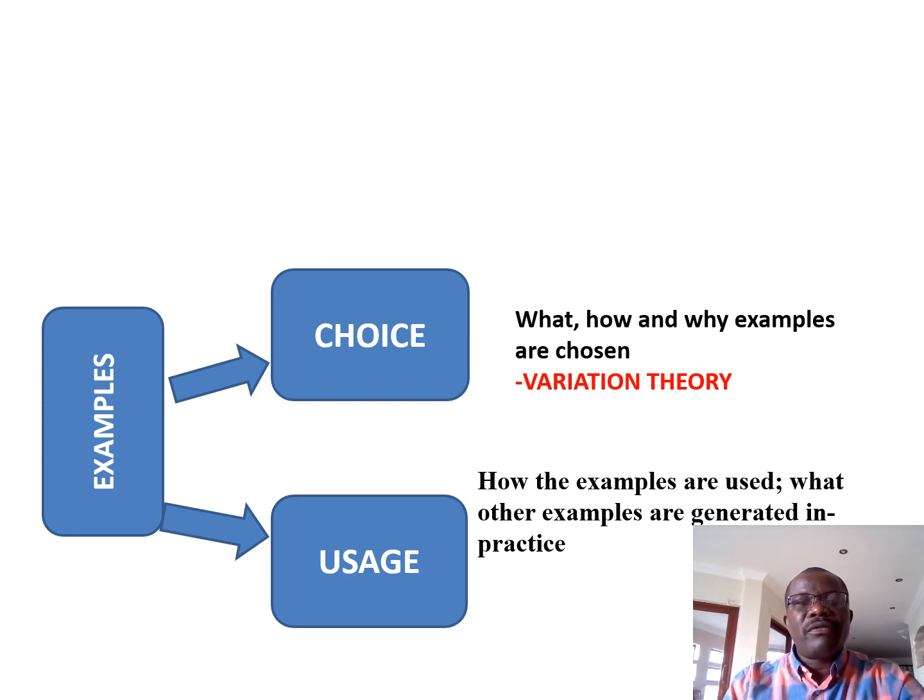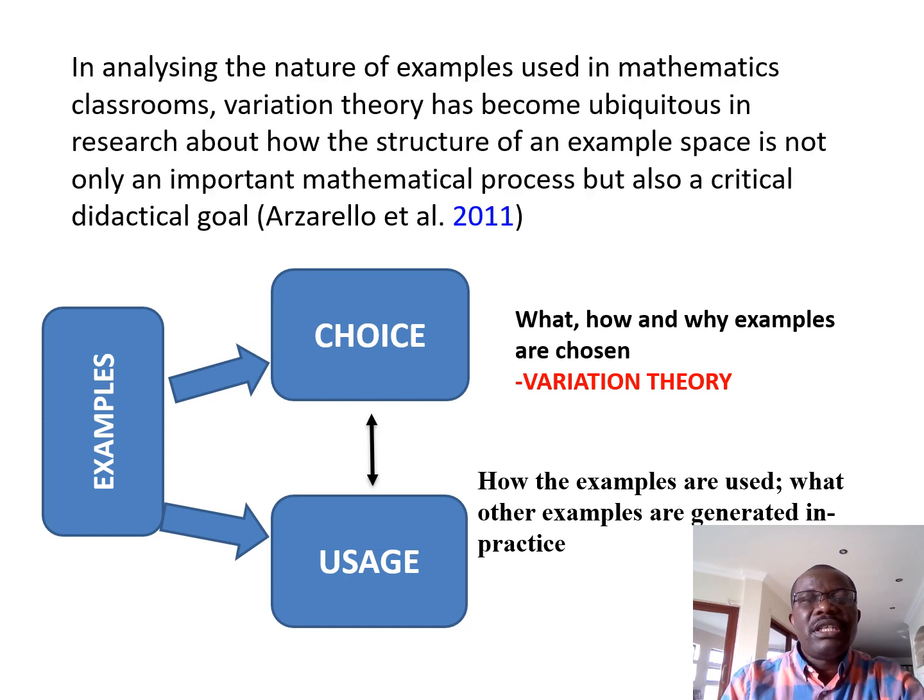So in terms of the choice, what comes to the fore is that in looking at the literature around the analysis of examples in mathematics teaching and learning, the framework, and some people say you must call it a principle, the framework or theory that comes to mind almost immediately is variation theory, because it is ubiquitous in every respect.